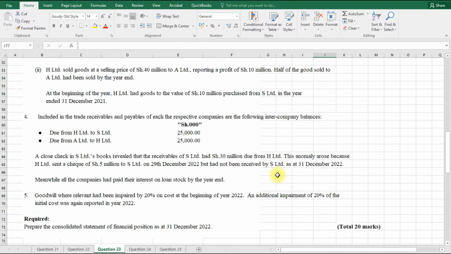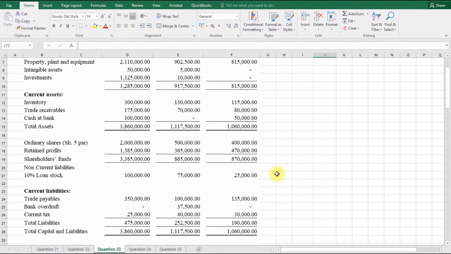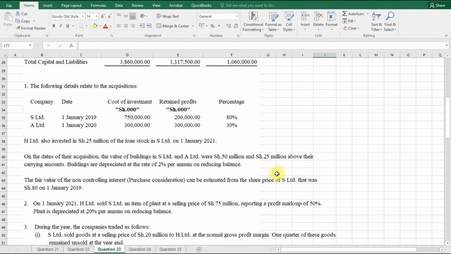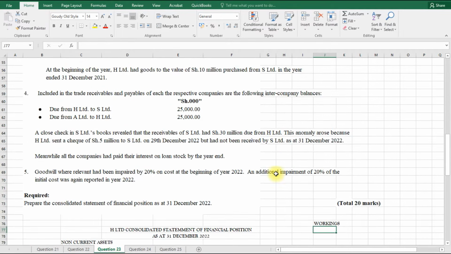that we are owning, in this case, S 80%, which is our subsidiary, and A 30%, which is our associate.